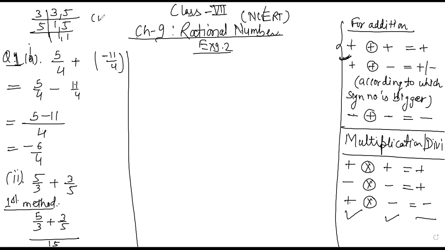So the LCM will be 15, the multiplication of these prime numbers or prime factors, you can say. Now, whatever LCM you get, listen very carefully. The denominators, whatever denominators you have, what will you do with them? You will divide the LCM by them.